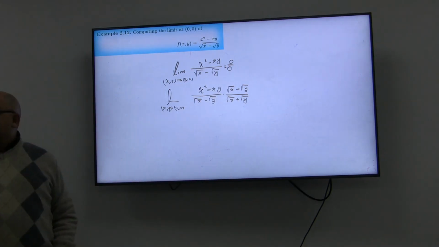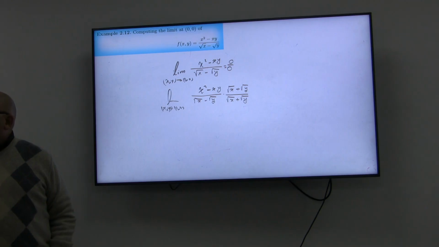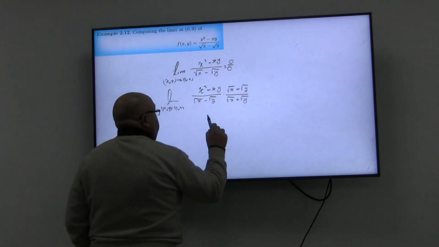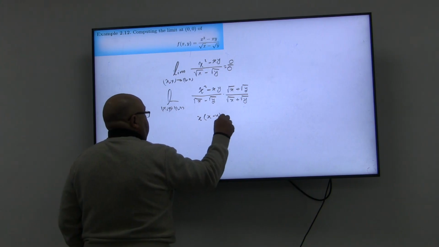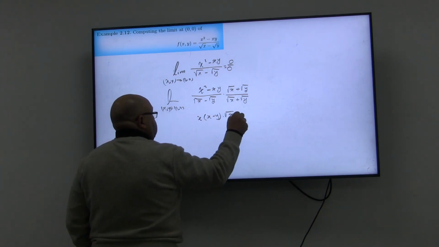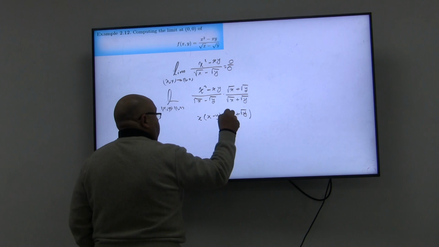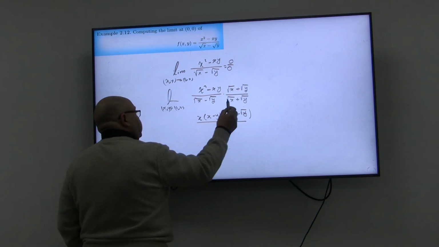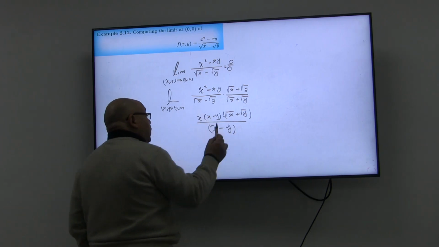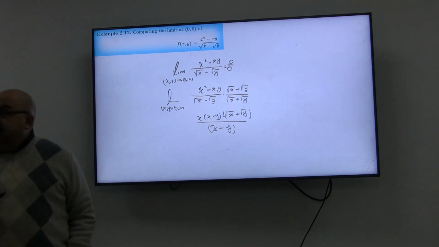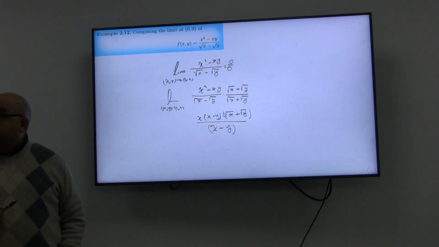Once you multiply by the conjugate of the denominator, what's going to happen? We will see the following. That's x times x minus y, times root of x plus root of y. Root x times root x is going to be x, minus y. So instead of factorizing the denominator, I have multiplied by the conjugate.